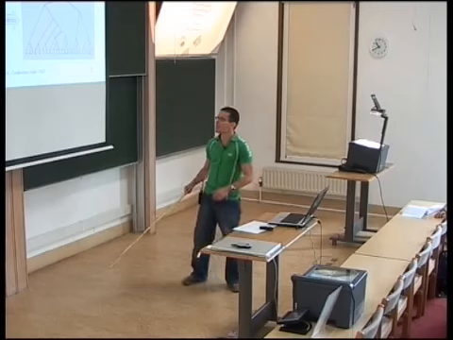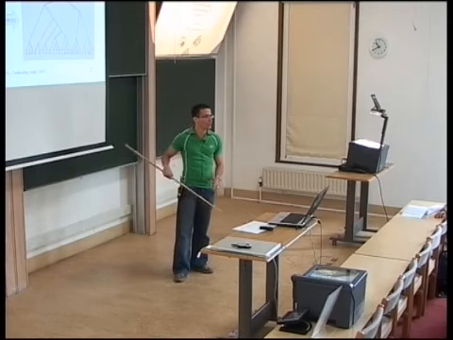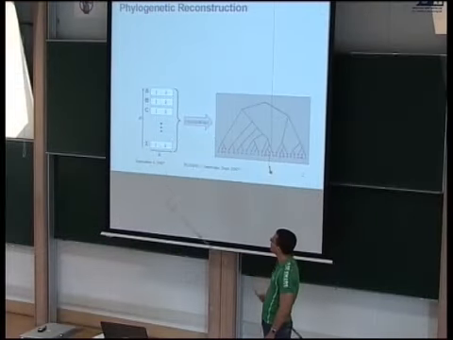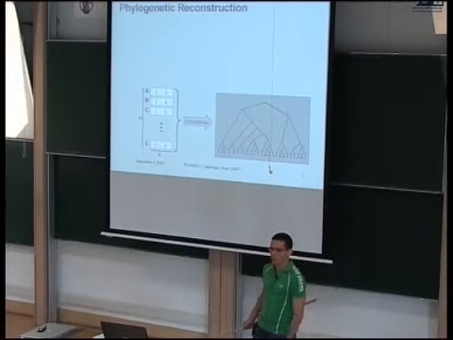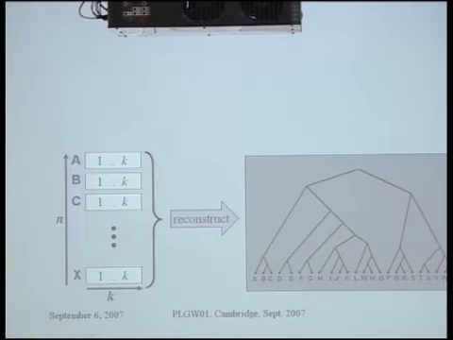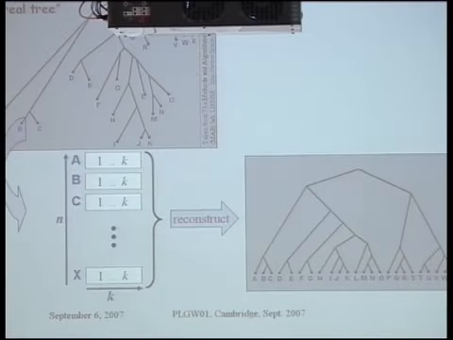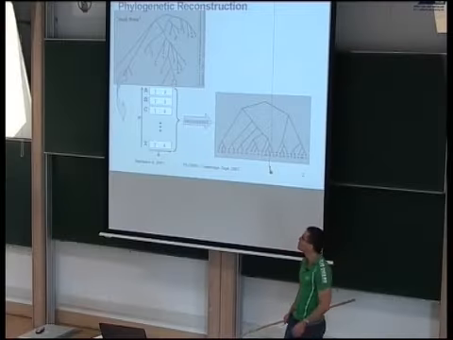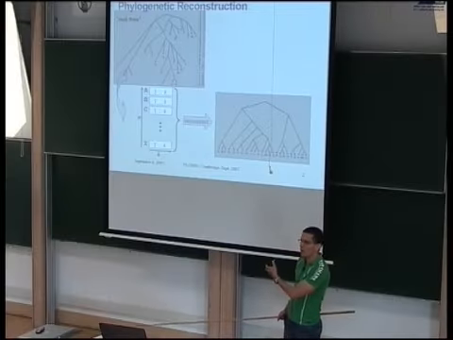Okay, so the basic paradigm in phylogenetic reconstruction is that we get an alignment of n sequences of length k, and we're trying to reconstruct the phylogenetic tree. So one thing we have to assume about our data is that it is consistent with some underlying real tree, which looks something like this, and the edge weights you see here, which makes it look kind of weird, correspond to the amount of evolution these sequences underwent on the tree.